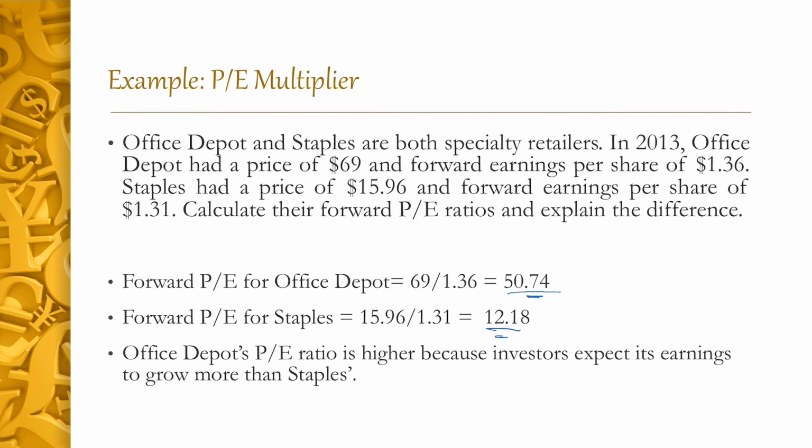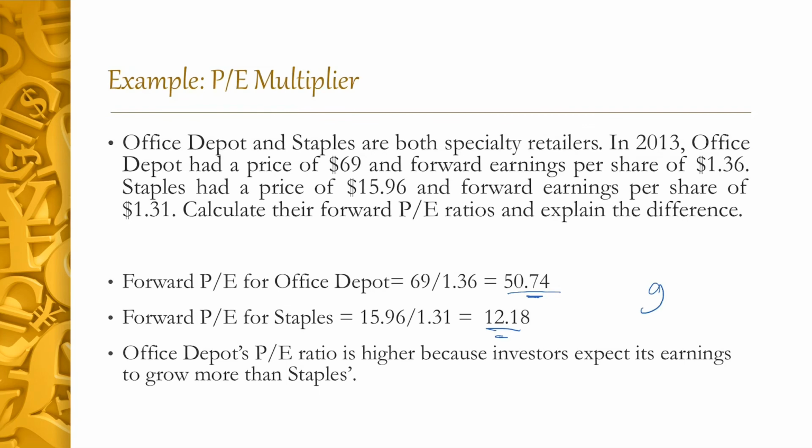If we assume that the equity cost of capital for these two firms is very similar and their payout ratios are similar, then the difference between these forward P/E ratios should come from the growth rate. Office Depot's P/E ratio is higher because investors expect the earnings of Office Depot to grow more than that of Staples.